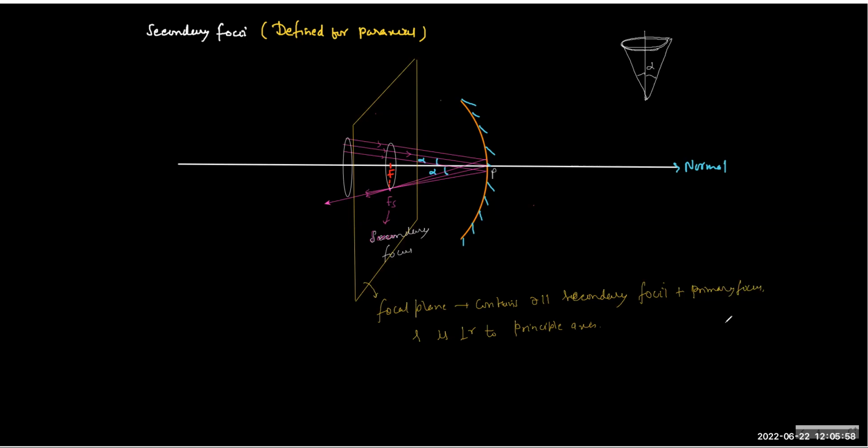So this is the plane, and the distance from P to F is called f.